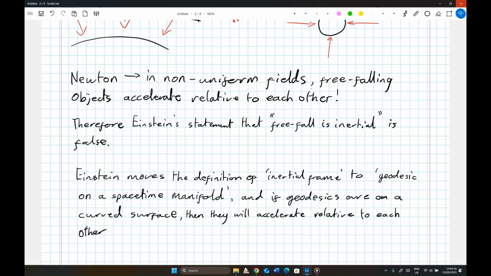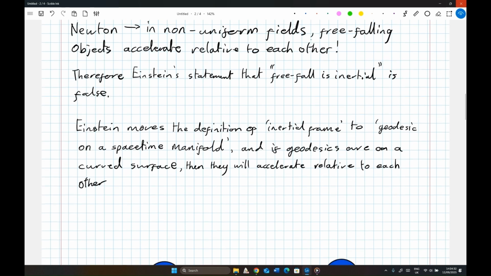So spacetime curvature is not being used to explain why an apple or a satellite falls to the Earth. Spacetime curvature is the reason why an apple and a satellite can still be inertial paths despite the Earth's surface, to be precise, being non-inertial.